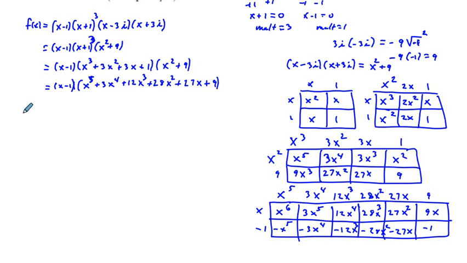And so we're going to have f of x, just assembling everything in one place. In one function, we're going to have x to the 6th power. And then how much to the 5th power we have: 3x to the 5th minus x to the 5th, so that's going to be plus 4x to the 5th power.